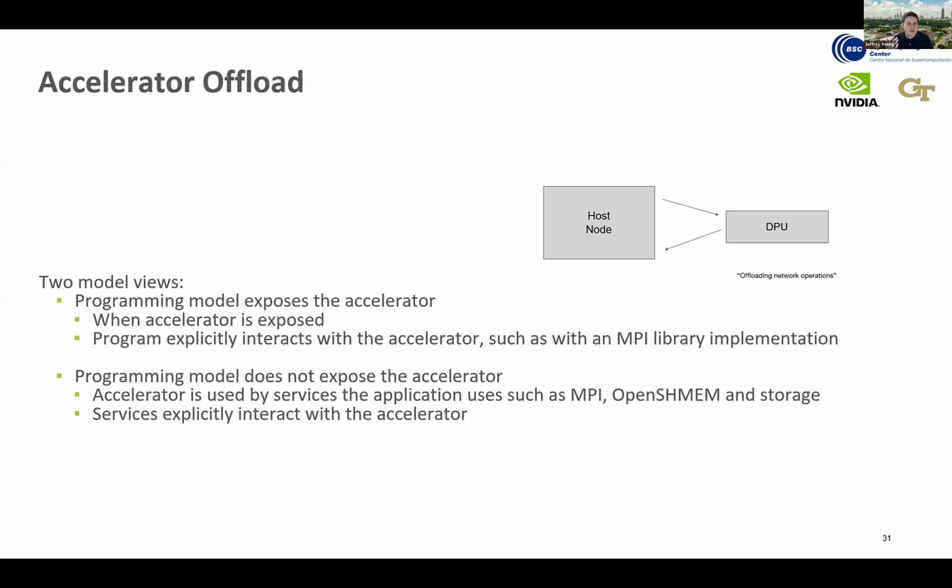But the idea here is that you can either have the user explicitly think about how to interact with the DPU, or you can just say I have some service that is running there, whether it's some kind of accelerator or one of these DPA services, or something like an MPI job, and the user may or may not interact with it. In most cases, we find that for HPC, it's probably better to expose the accelerator because of that asynchronous nature and sort of the imbalance in computation between the two devices.